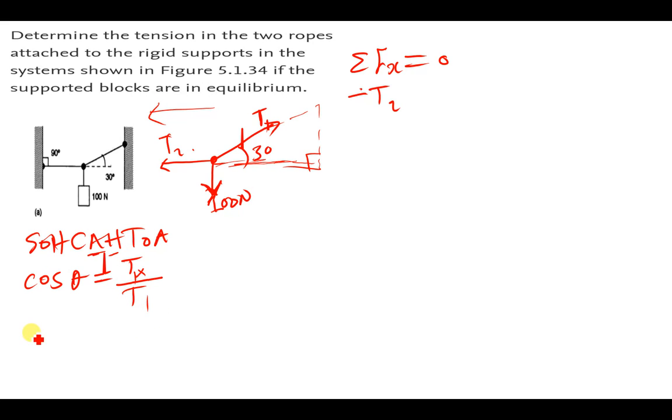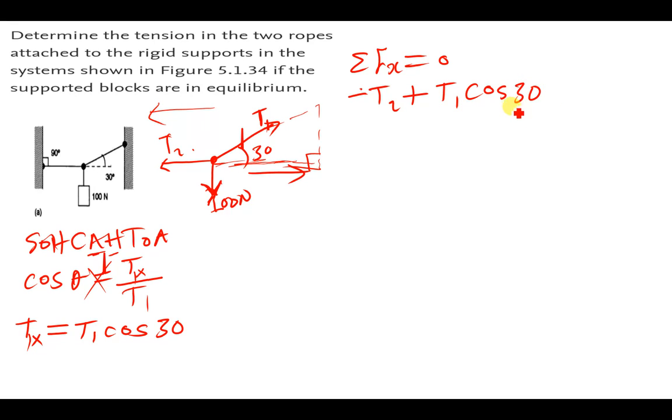When we cross multiply to find T1x, which is just the tension 1 in the x component, we're going to have T1 cos 30. Our angle here is 30. This one will be positive because it's facing this side. So I'm going to have T1 cos 30 there.